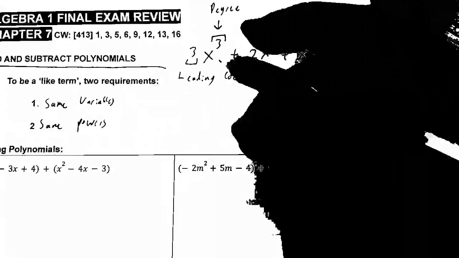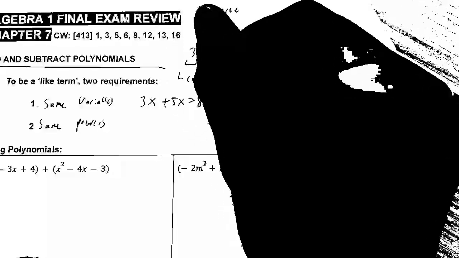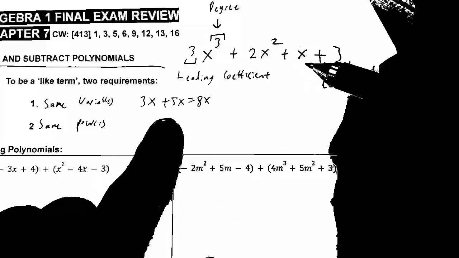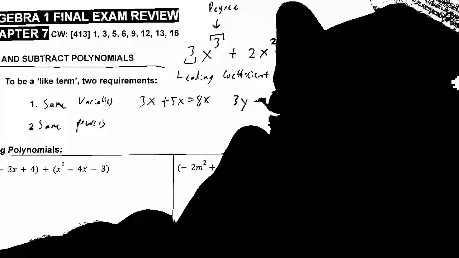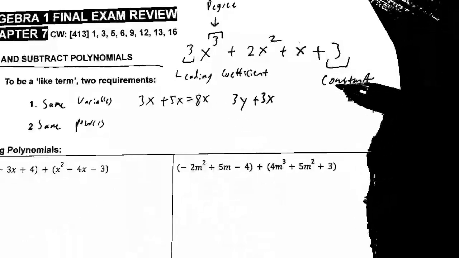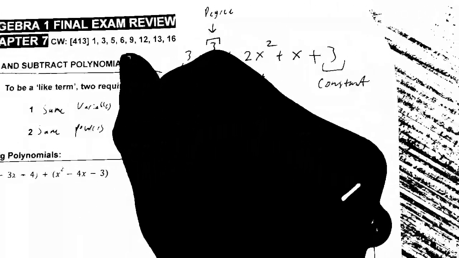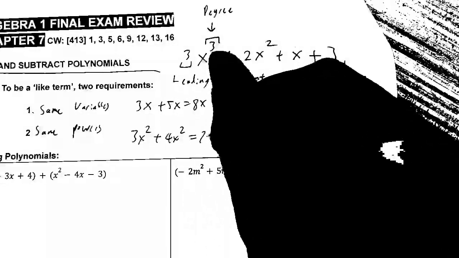For example, if you have 3x plus 5x, that's 8x. We can combine them because they have the same variables, but I cannot add 3y plus 3x. I cannot combine these two. Same powers means 3x squared plus 4x squared, that's 7x squared.